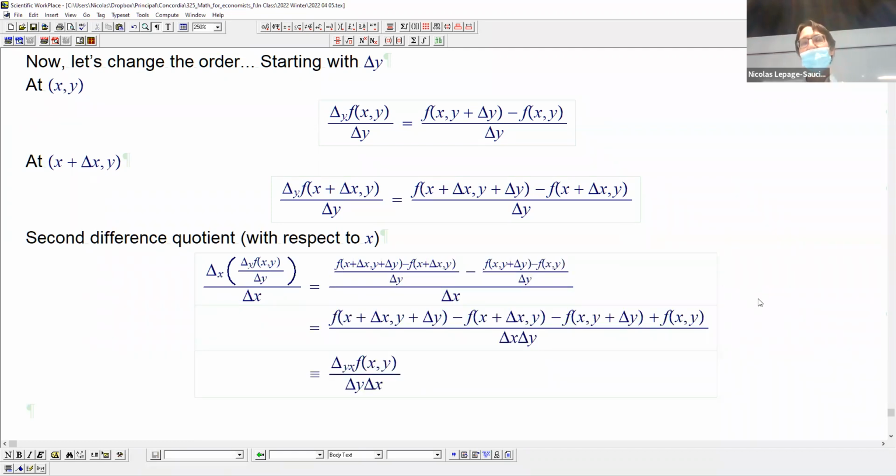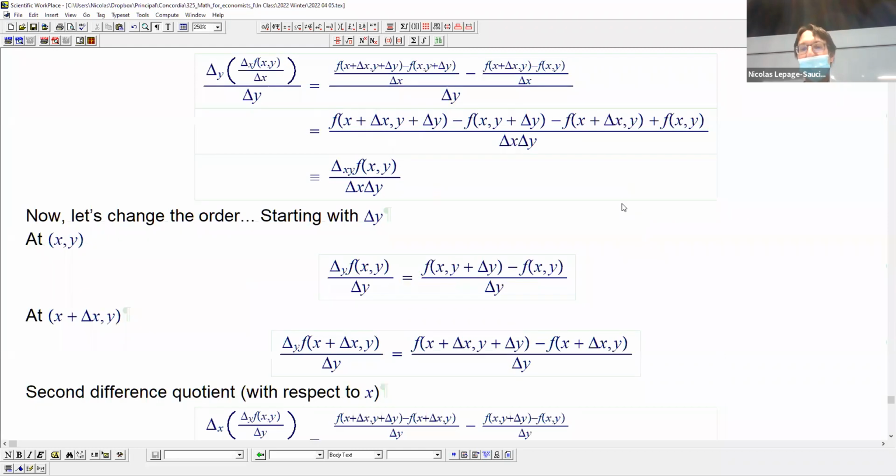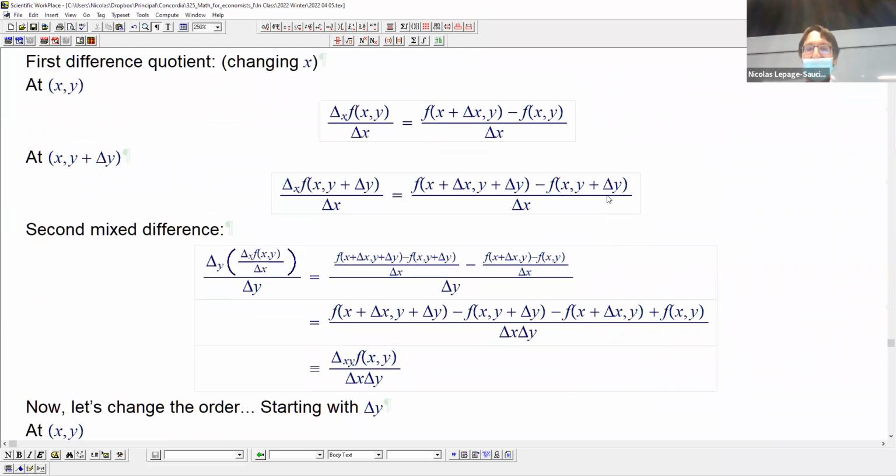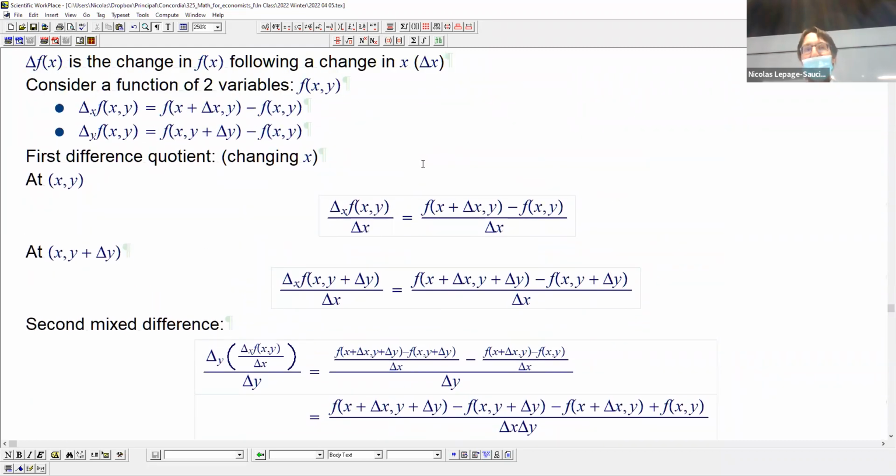And we're basically done, because what we have demonstrated here is something more general than what we wanted to show. Because what is a derivative? The derivative is the limit of the difference quotient when delta x goes to 0. And here we have shown that this is true no matter the size of delta x.